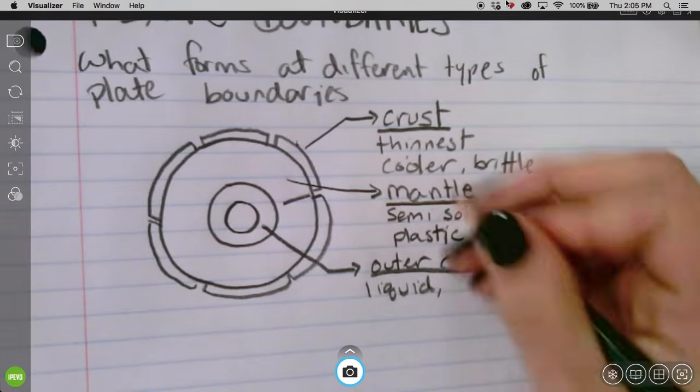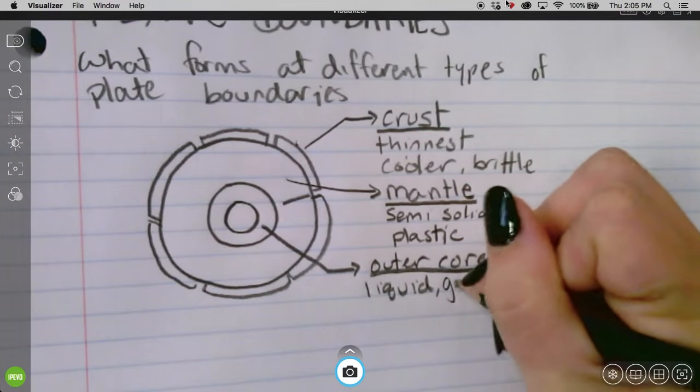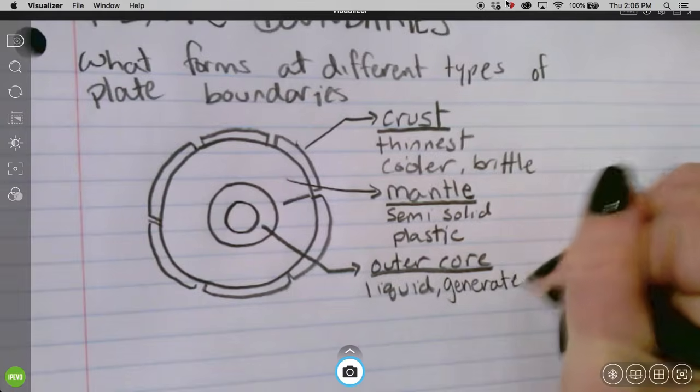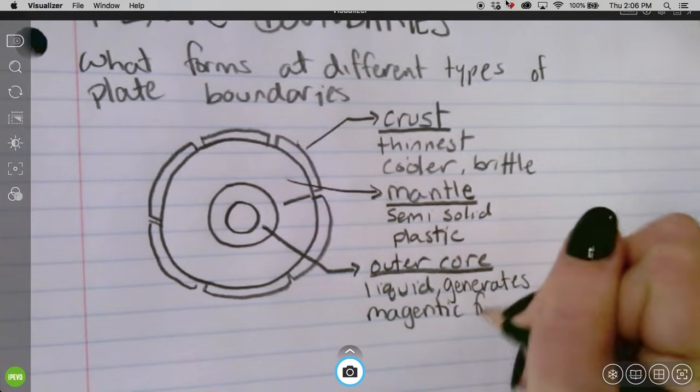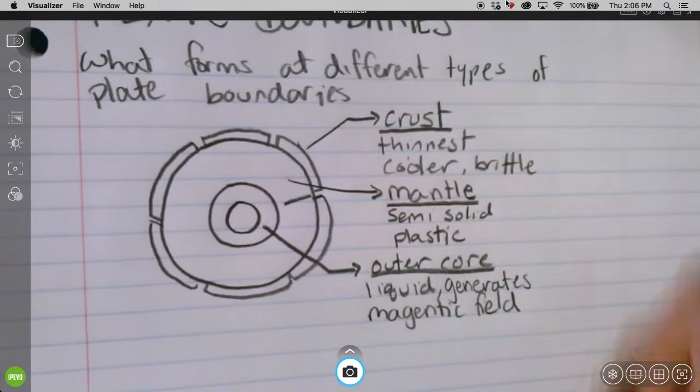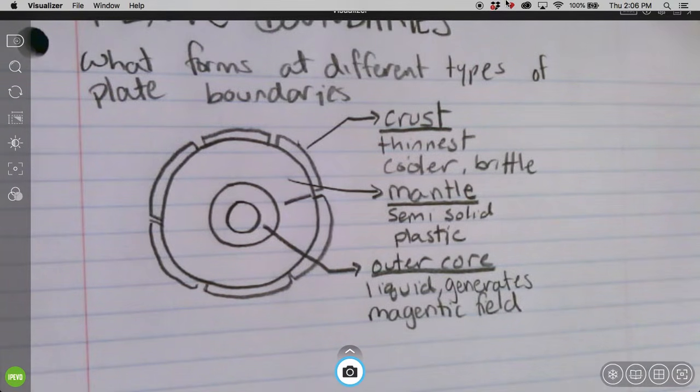It's an important layer because it generates the magnetic field around Earth, and that protects us from radiation from outer space. Because this melted metal is spinning around, the little electrons create a magnetic field, and that's how we are able to navigate using compasses and whatnot.